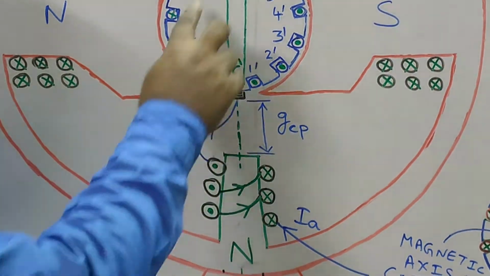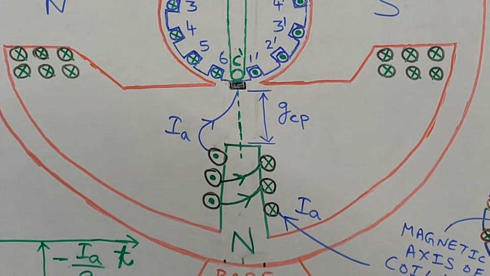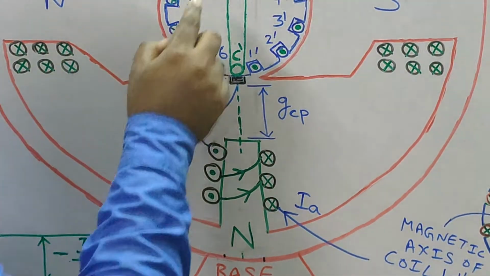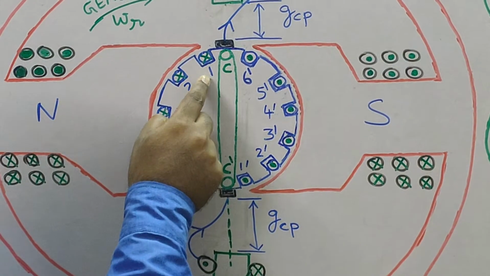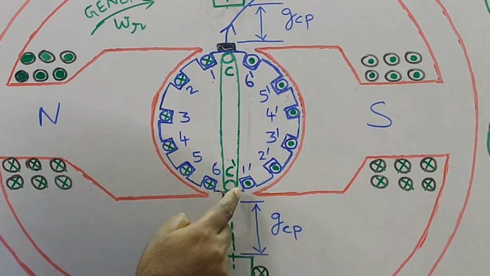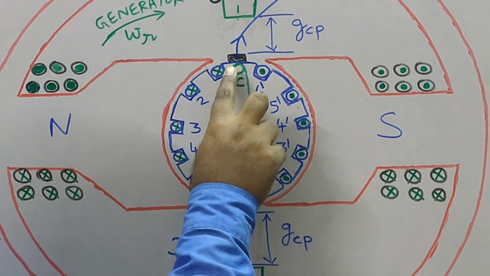Now out of these 6 coils, which coil has to be taken as the commutated coil? Please focus on the diagram. You see this coil which is placed in slot number 1 and 1 dash, it is very near to the brush.